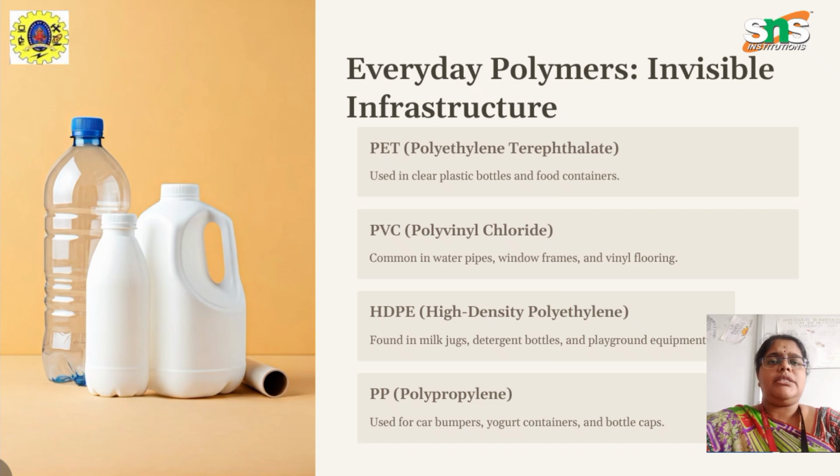PVC, polyvinyl chloride, is very commonly used in water pipes, window frames, and vinyl flooring. HDPE is high density polyethylene, used in jugs, detergent bottles, and materials like playground equipment. Then there is polypropylene, called PP, used in bumpers, yogurt containers, and bottle caps.